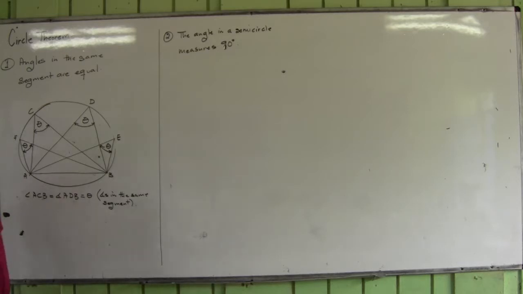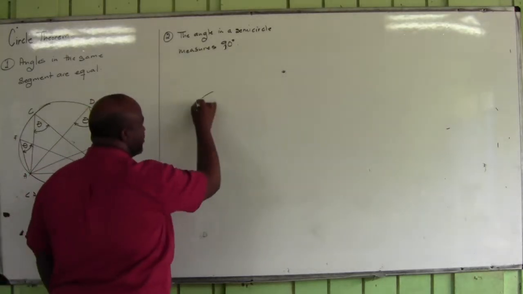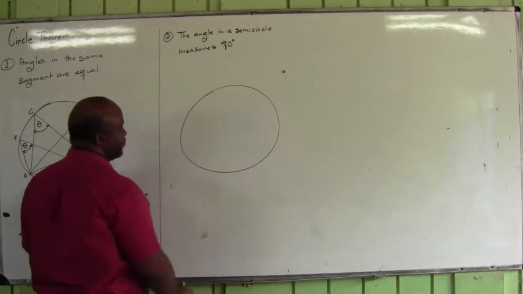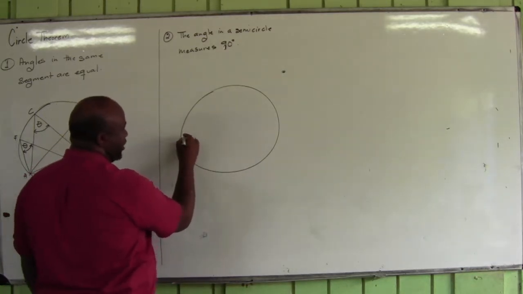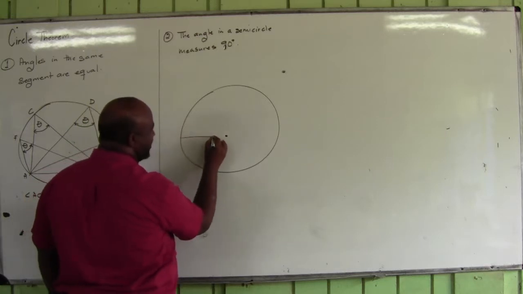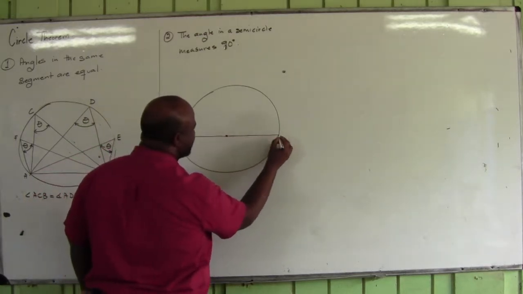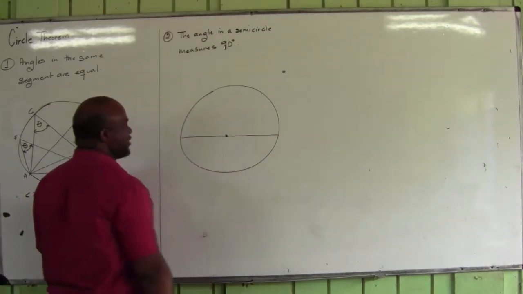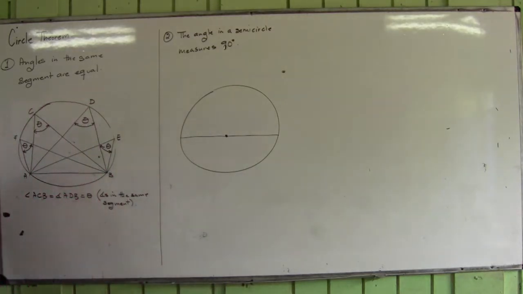Alright? So, let's draw a circle. This is the center. What do you call a straight line that passes through the center of the circle, that touches the circumference at 2 points?